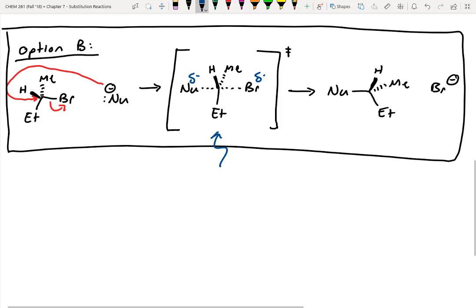All right, so if we think about this transition state, it's got a unique geometry. What's this geometry? Trigonal bipyramidal. So we call this a trigonal bipyramidal transition state. Okay, so that's a really important thing to remember.